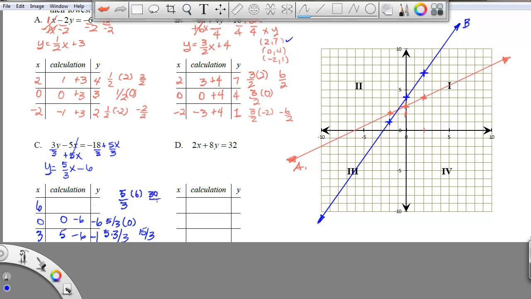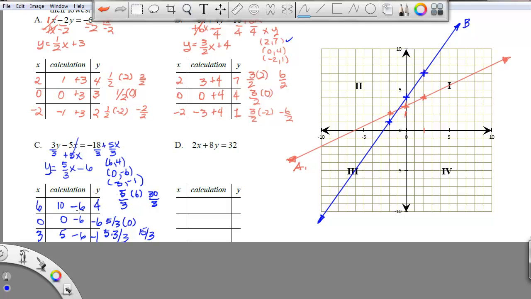That's 30 divided by 3, which gives me a positive 10. A positive 10 minus 6 gives me 4. So that helped me out. So now I know my ordered pairs are 6 and 4, 0 and a negative 6, and then my last one is 3 and a negative 1.